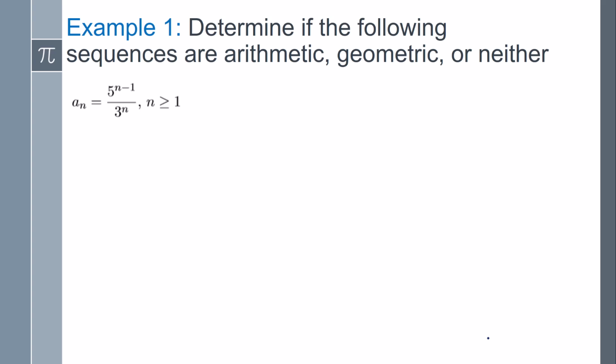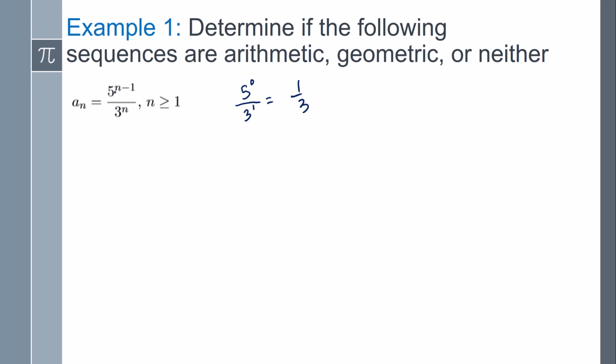So determine if the following sequence is arithmetic, geometric, or neither. I need to plug in some values and see what's going on with this sequence. If I plug in 1, I get 5 to the 0 over 3 to the 1. That's going to give me 1/3.